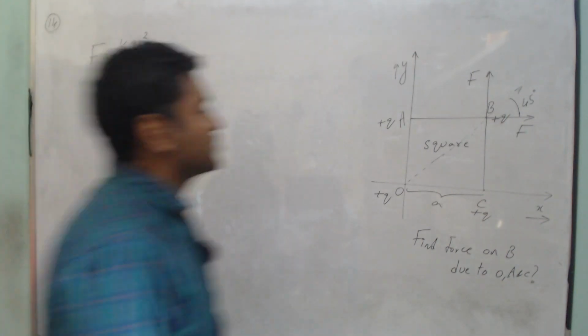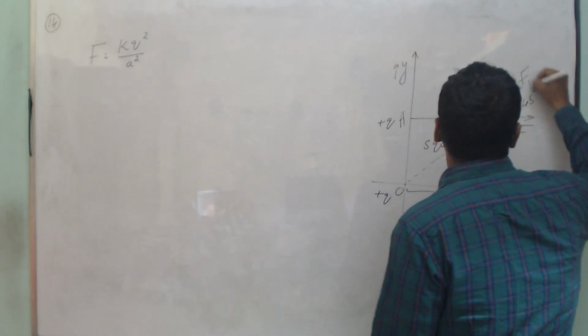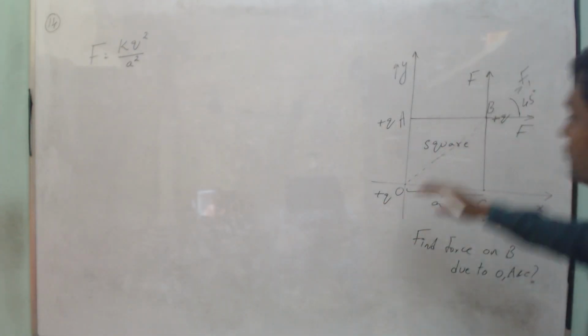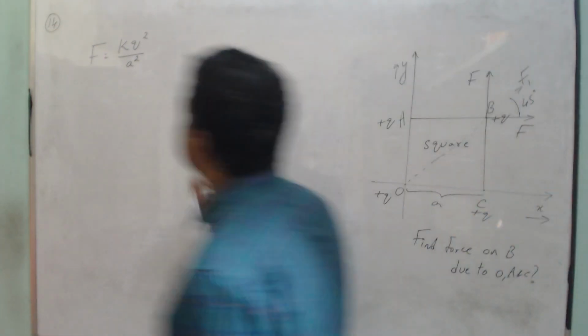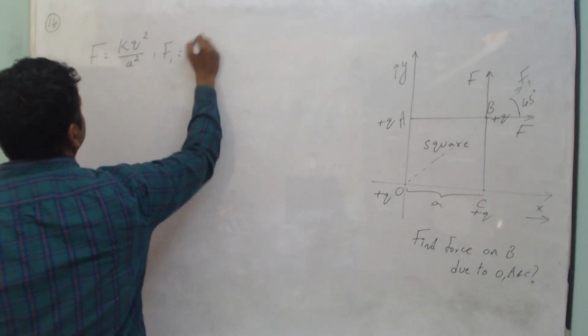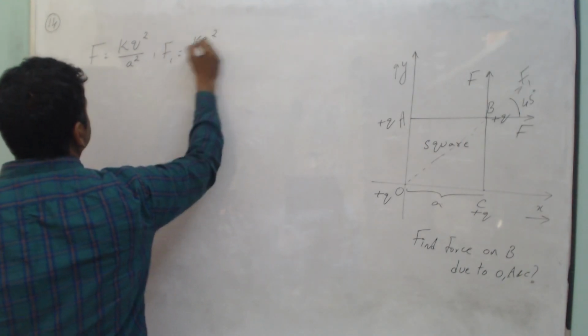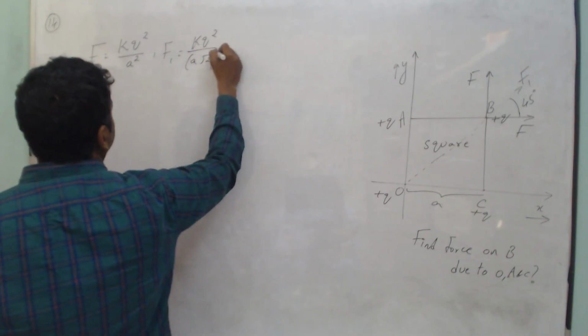Yes, sir. Now let me say the force due to the charge at O is F1, which has a magnitude of F1. So my magnitude for that will be F1 equal to kq square, the charges are the same, but the distance is root 2 a whole square.